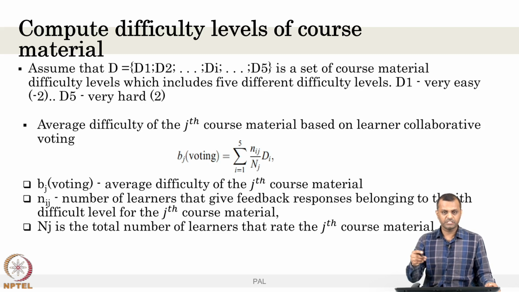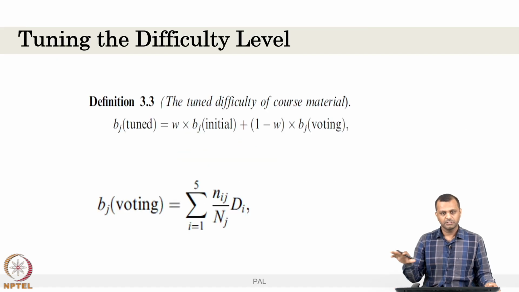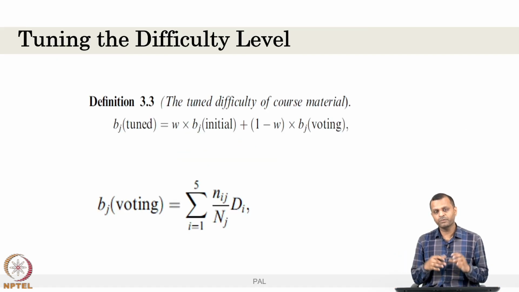Suppose a number of students answered that a set of topics is really difficult, the question will be marked as highly difficult. I'll see this in a bit more detail. Initially, as an expert, I would have this knowledge saying that this particular topic is easy, very easy, or medium.